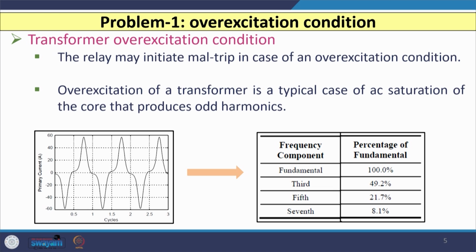Now, if I consider the overexcitation condition in a typical power transformer, and look at the waveforms, you can see I have shown the primary current waveform with reference to time in terms of cycles. If I take the harmonic contents of this current waveform, you can observe that the overexcitation condition is nothing but the AC saturation of the core, which produces harmonics, and more specifically odd harmonics.